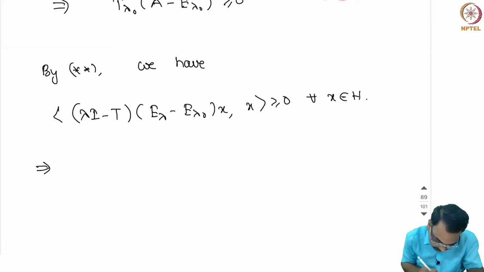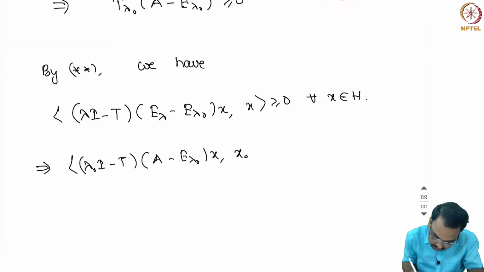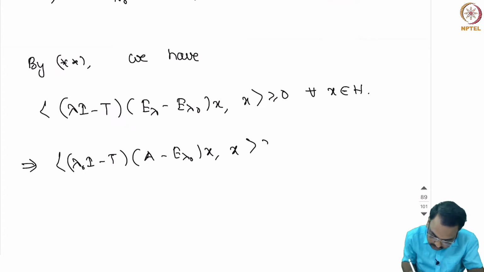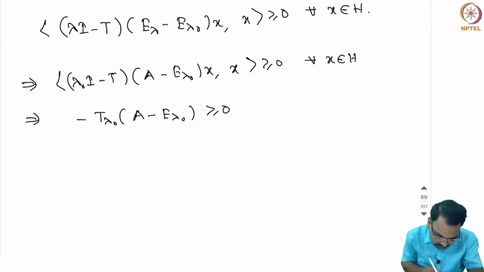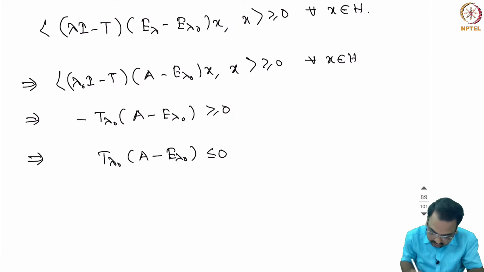So this implies the inner product of (lambda naught identity minus T) into (A minus E lambda naught) x with x, for every x in H. So this implies minus of T lambda naught into A minus E lambda naught is always bigger than or equal to 0, or we can say that T lambda naught into A minus E lambda naught is less than or equal to 0.